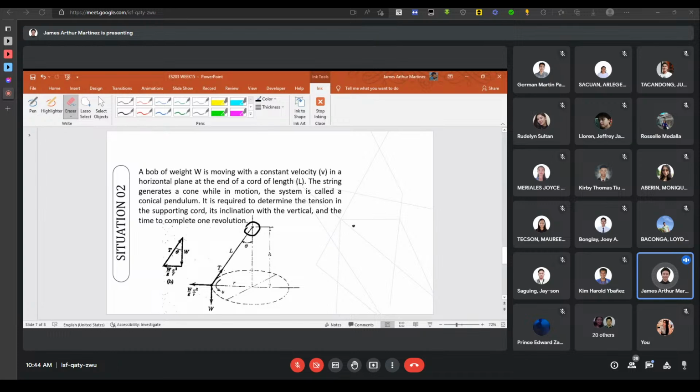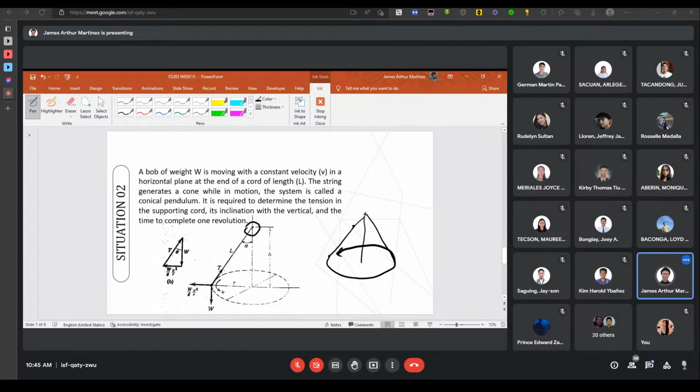What happens here is that the bob has a circular movement, a rotation. If the bob keeps rotating, it will definitely create a conical pendulum.